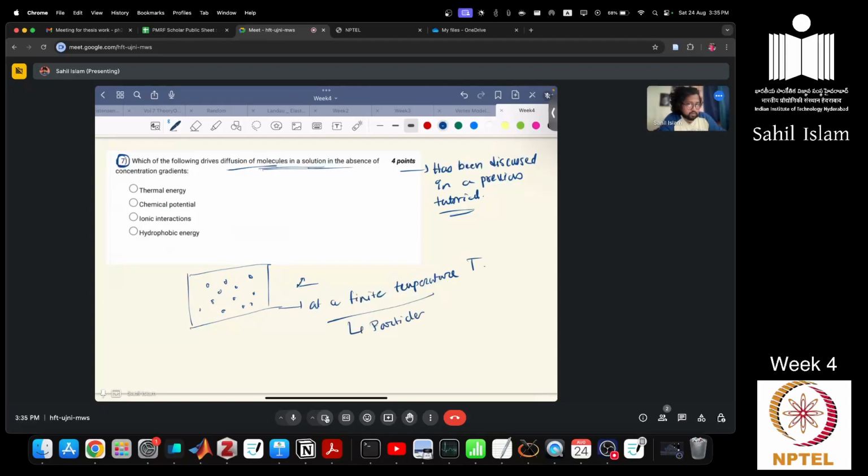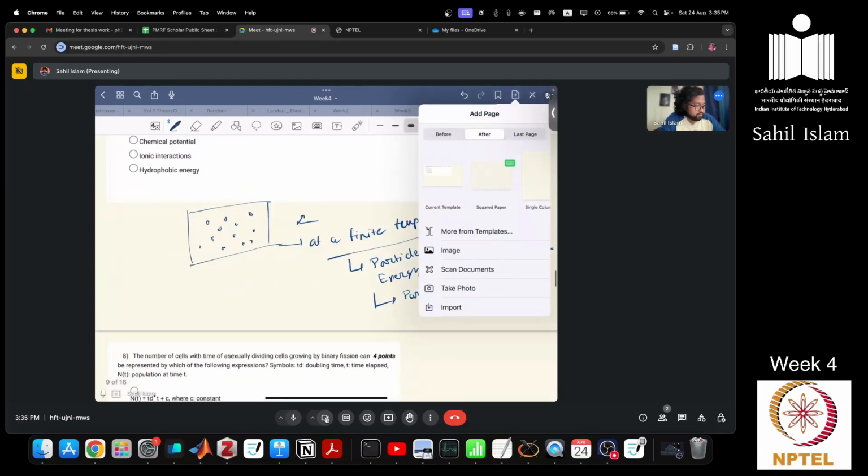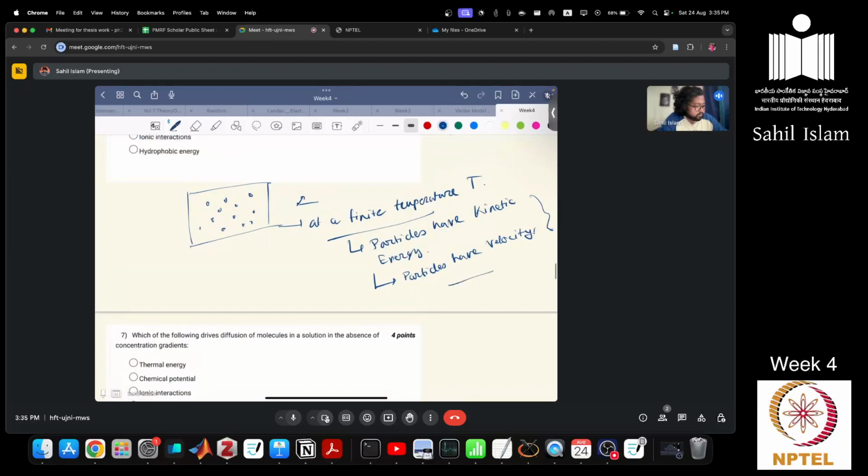If it has a finite temperature, particles have kinetic energy. This means particles have velocity. Kinetic energy is directly related to velocity, we all know. So if particles have velocity, they will move around, everyone in some direction.